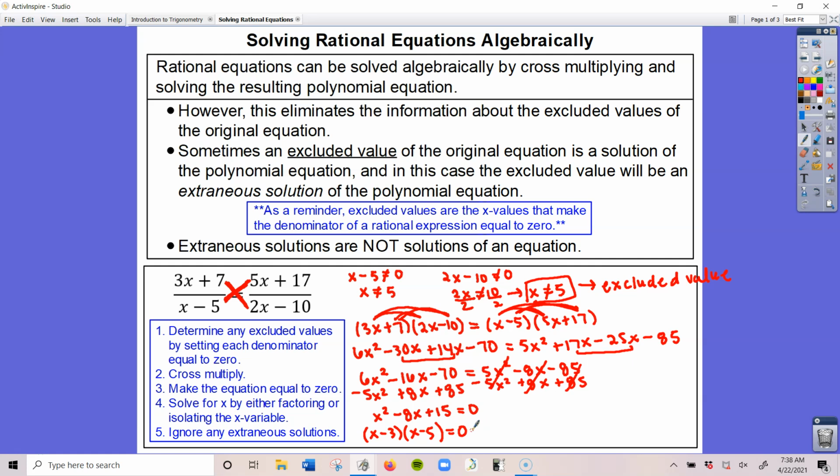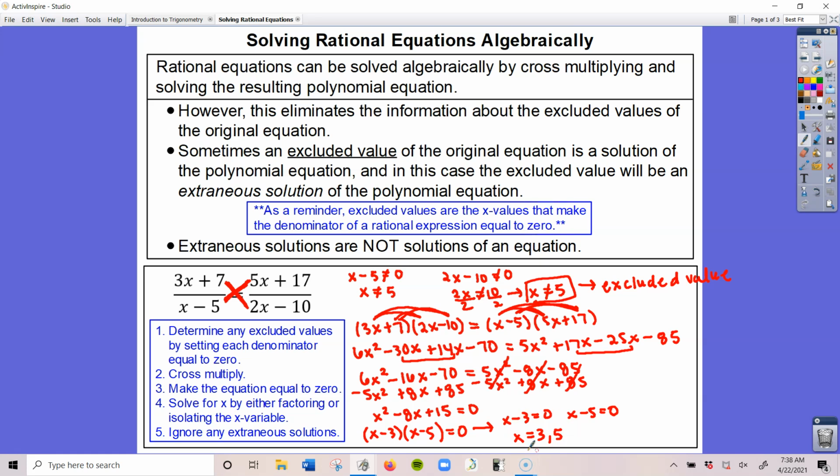Once you have it factored, you set each individual factor equal to 0, and we solve for x. And we get here two solutions. We get that x is equal to positive 3, since I would add the 3 over, and x is equal to positive 5, since I would add the 5 over.